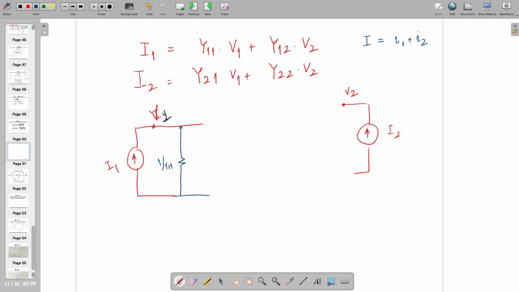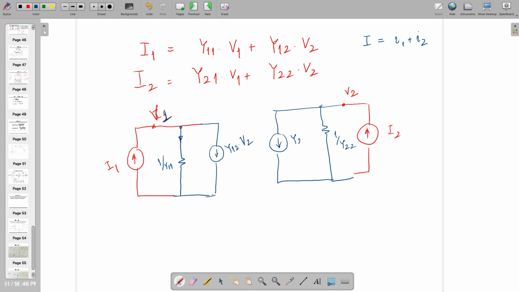So 1 by Y11 times this gives me Y11 times V1, the first current in this direction. For the other one, there is a dependent current source, which is Y12 times V2. On the other side, you have 1 by Y22 and a current Y21 times V1. These two currents are dependent: this current depends on this voltage and that current depends on that voltage.